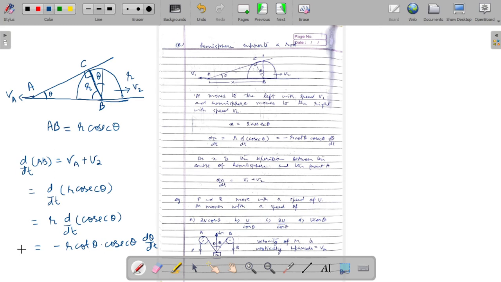So this is the rate of change of the distance between the points A and B. This whole expression should be equal to Va plus V2.